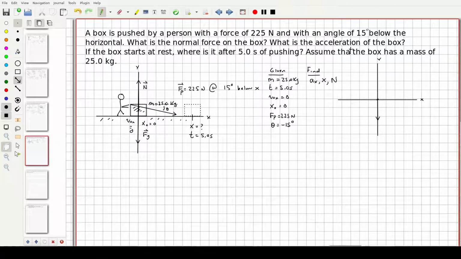We have the normal force of the ground pushing back on it, like that, and then we have this push that sits below, like that. Normal force, gravity, and the push.